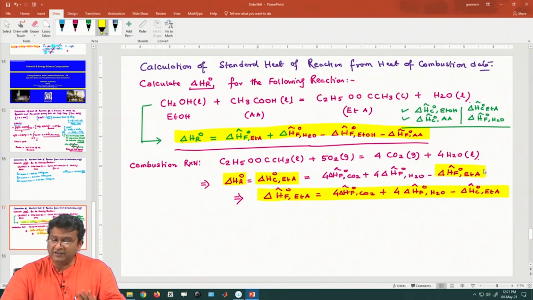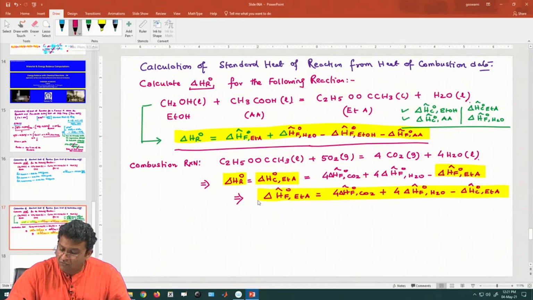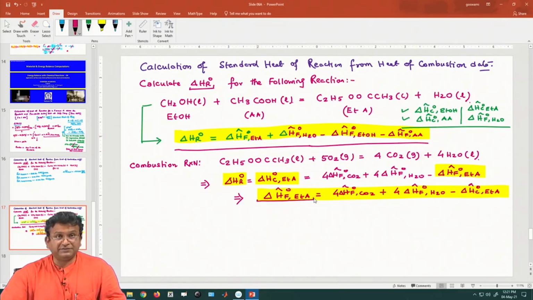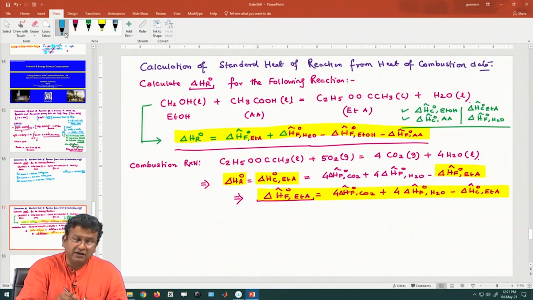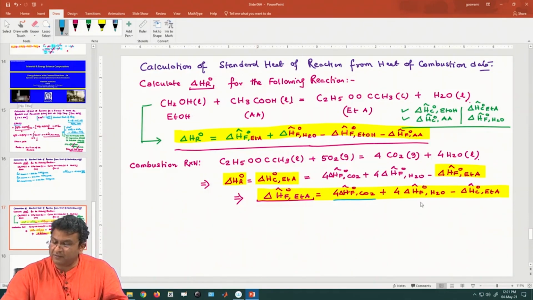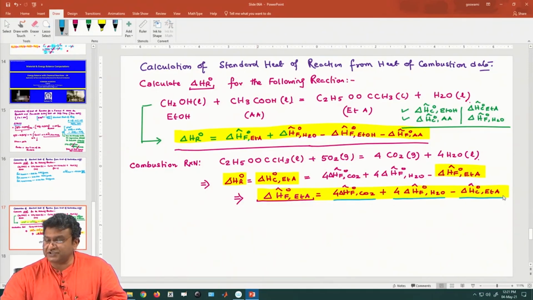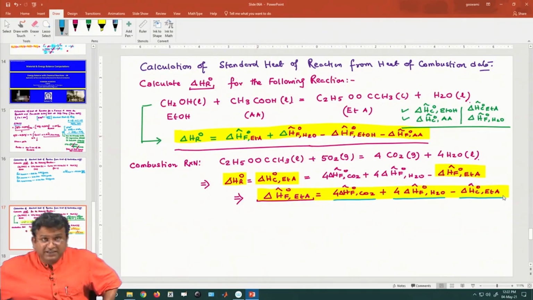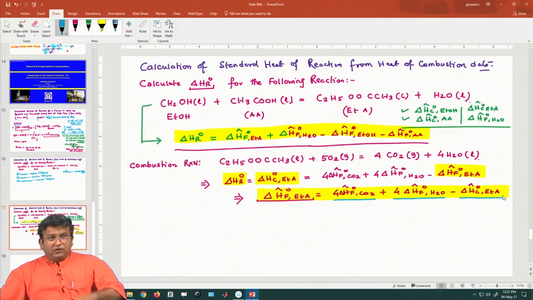So, all we are doing is rearranging the expression in such a way that we get an equation for heat of formation of ethyl acetate in terms of heat of formation of carbon dioxide, heat of formation of water and heat of combustion of ethyl acetate. I hope it is clear. So, you can start guessing what next.